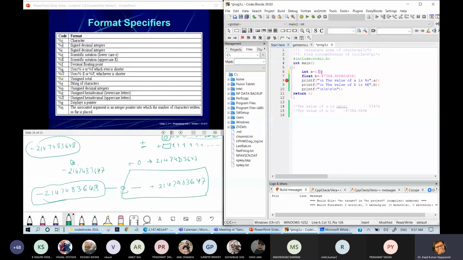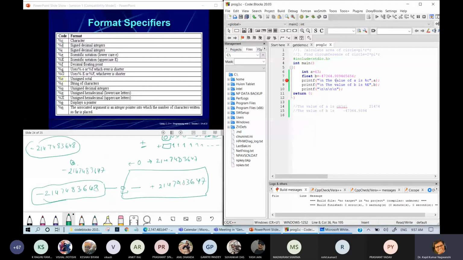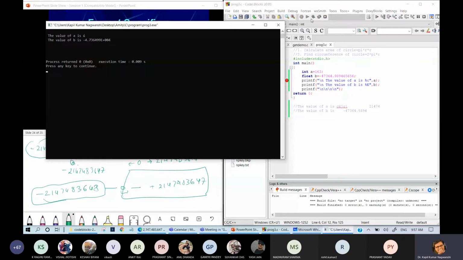So again 63, and now I am writing C here. Then it will give you the equivalent ASCII character. So this is the equivalent ASCII character, a question mark. And if I am writing this as 163, what will be the equivalent ASCII character? So this is our ASCII character.